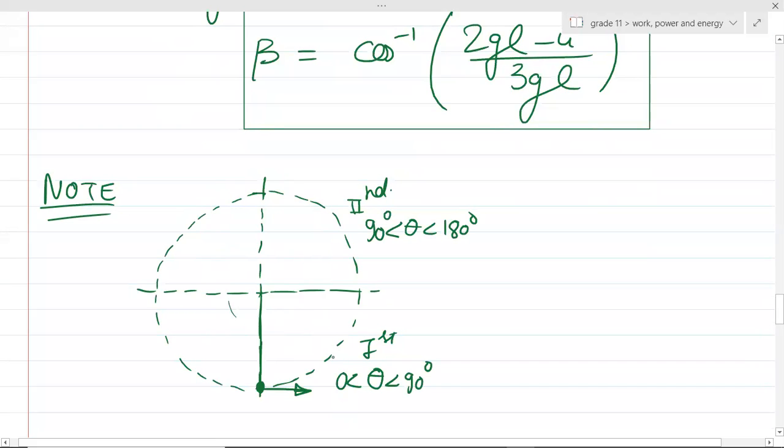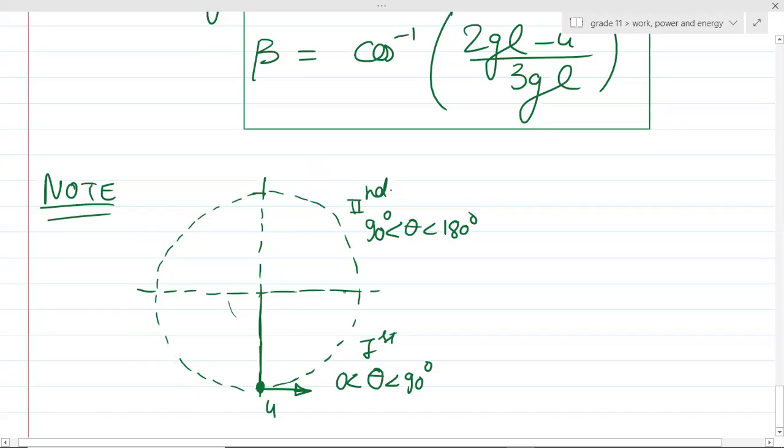For example, the direction of velocity at this particular point is like this, and the velocity at the same height at this point is in this direction. The angle will be the same, so don't worry.